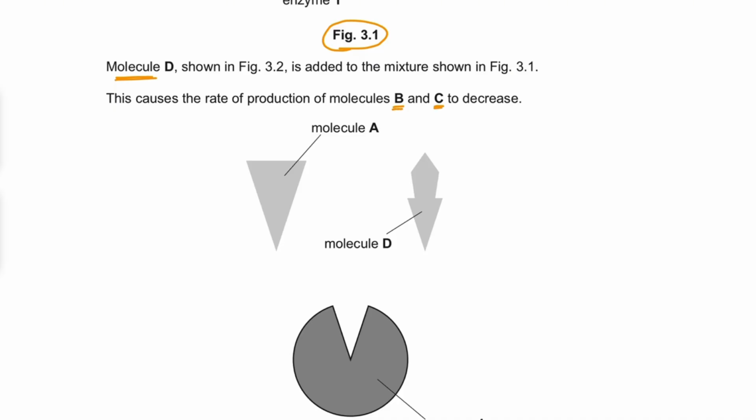So the answer is very simple, because we know that this molecule D has a similar shape to molecule A. So this D would compete with A to bind within the active site of the enzyme. As a result, the binding of molecule A would be reduced due to the presence of molecule D, and less of the products B and C would form.